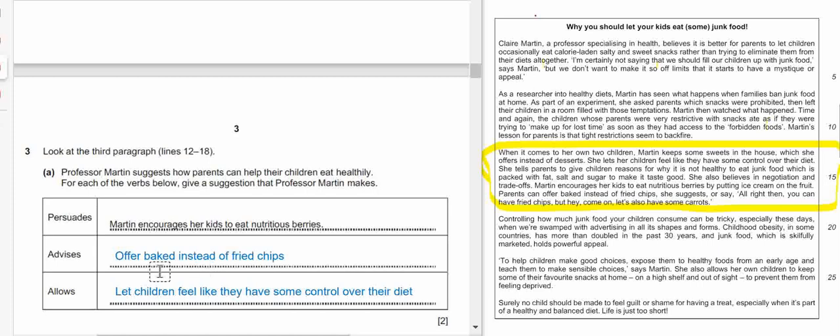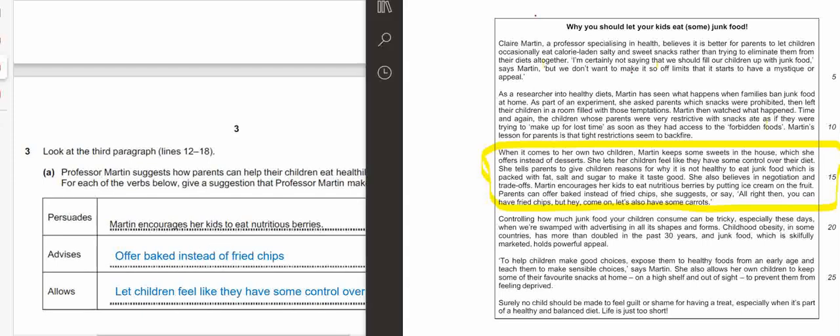Okay, this is an example of a correct answer. Advises offer baked instead of fried chips. So we'll be in here. Advises over baked instead of fried chips. So that's what we have here.